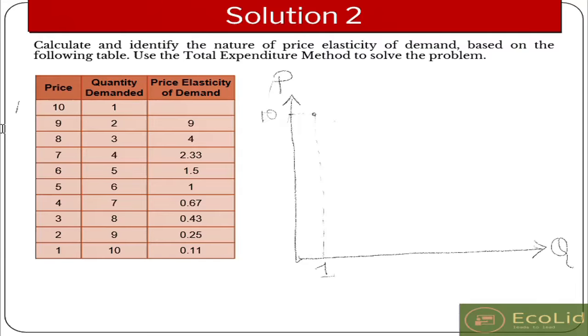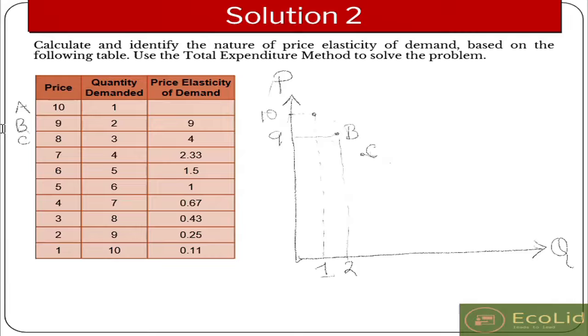For point A we couldn't calculate the price elasticity of demand. For point B, this is 9 and 2. Then we will have point C.